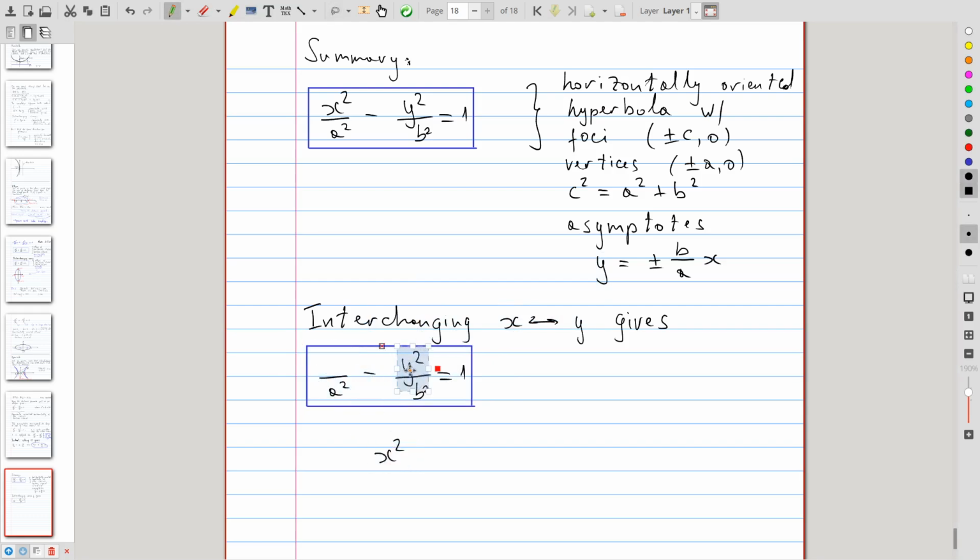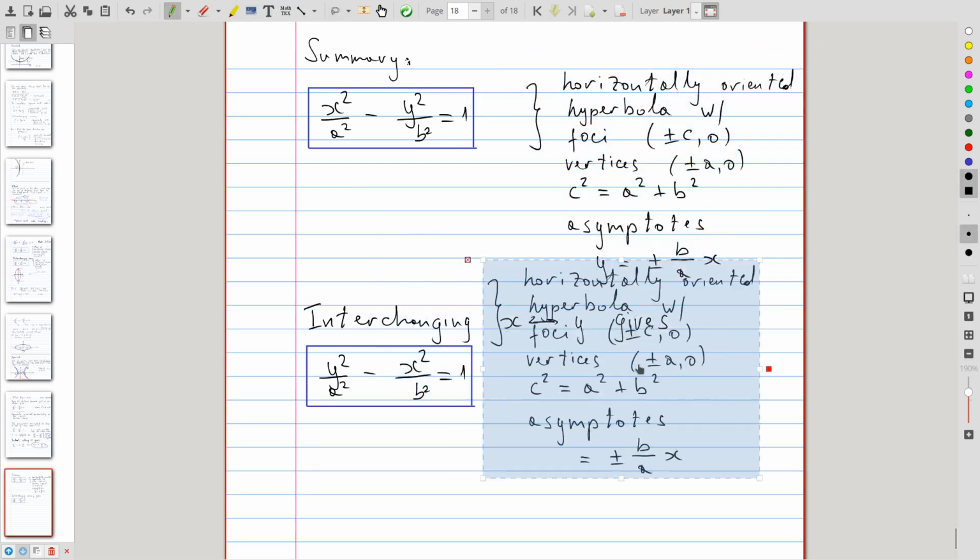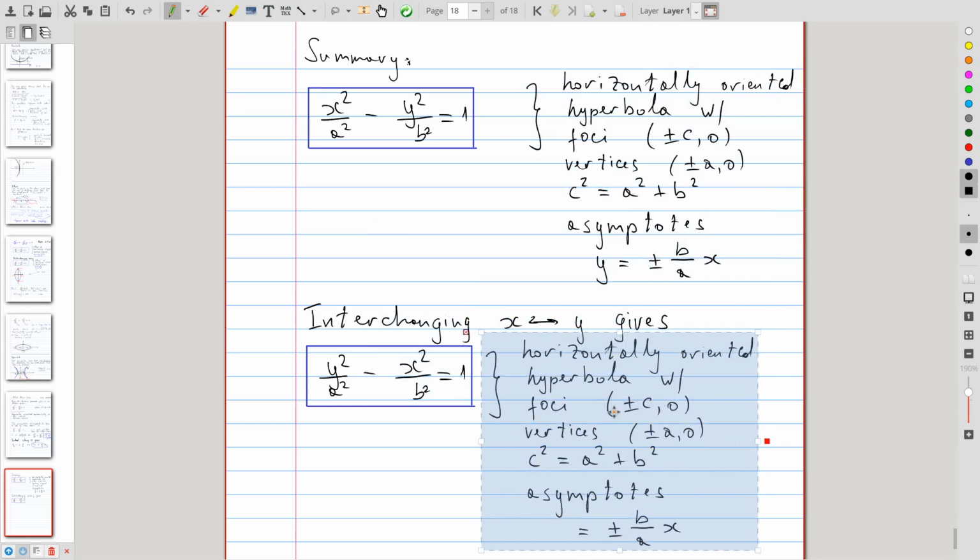Let's indeed interchange x and y, like so. And this is a vertically oriented hyperbola.